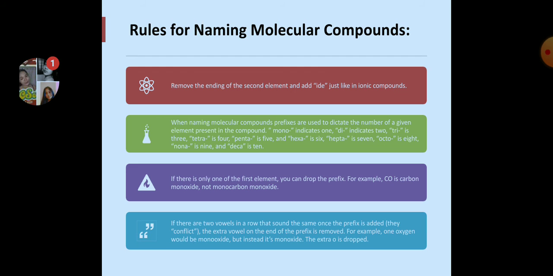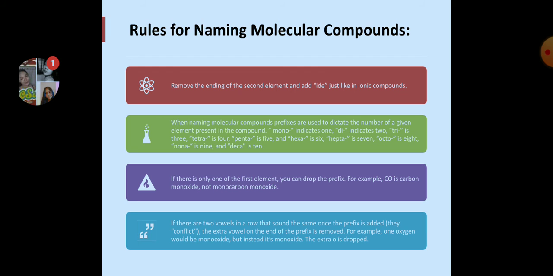Next, if there is only one of the first element, you can drop the prefix. So, if there is no subscript on the first element, it doesn't need mono. For example, CO. If you read it based on rule number 2, it should be monocarbon monoxide.